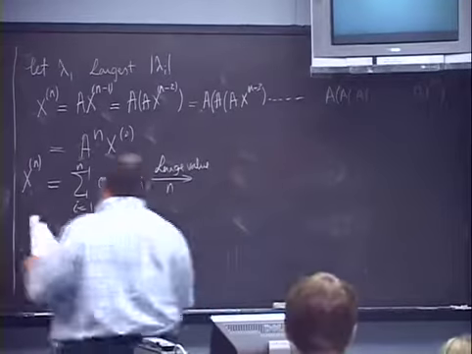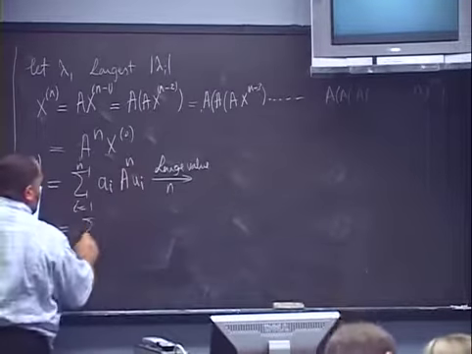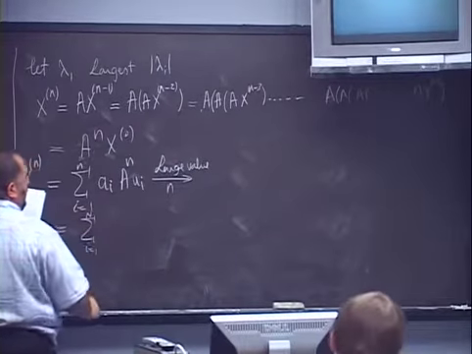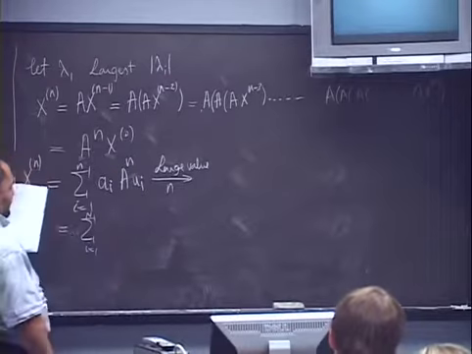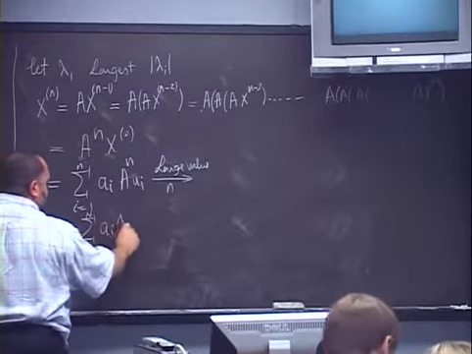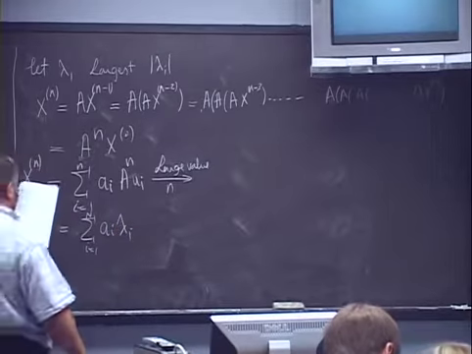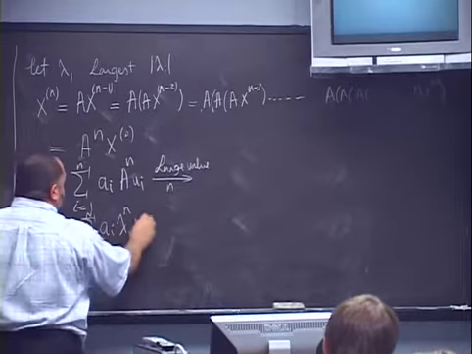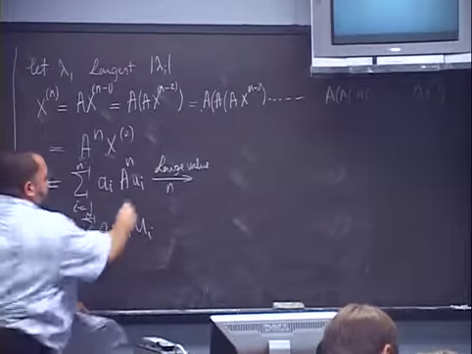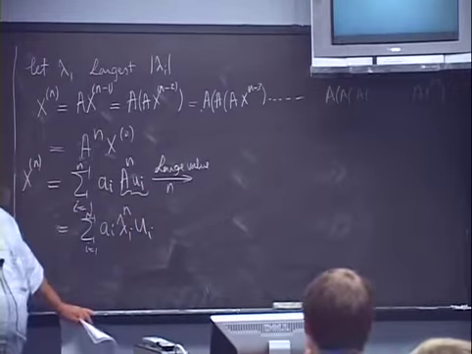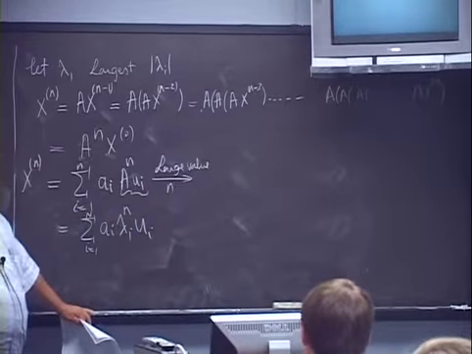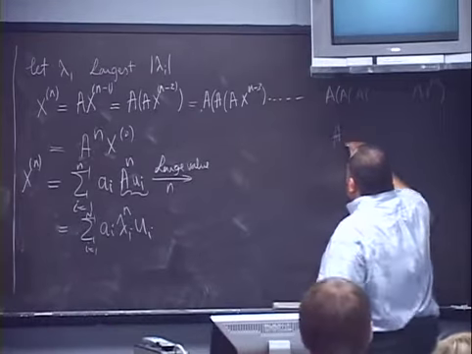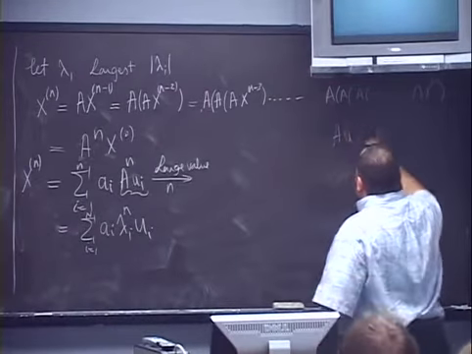This will be equal to the summation from i equal to 1 to n, and what's A to the power of n? It is lambda_i to the power of n times u_i, because this is just an eigenvalue problem. So let A u equal lambda u.